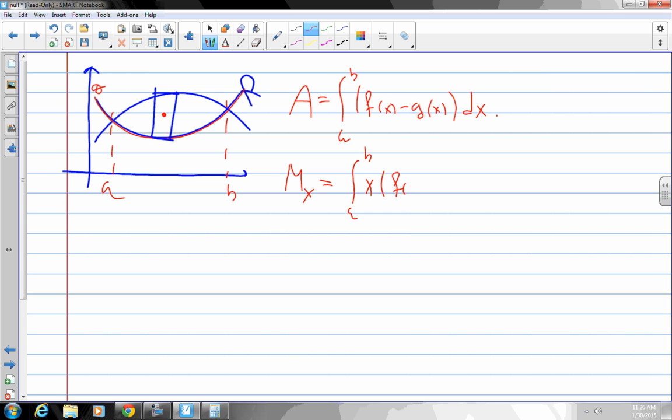So it's f of x minus g of x dx. So there are no surprises here. Okay, this is kind of what we expect. The area between two curves. The My is going to be slightly different.